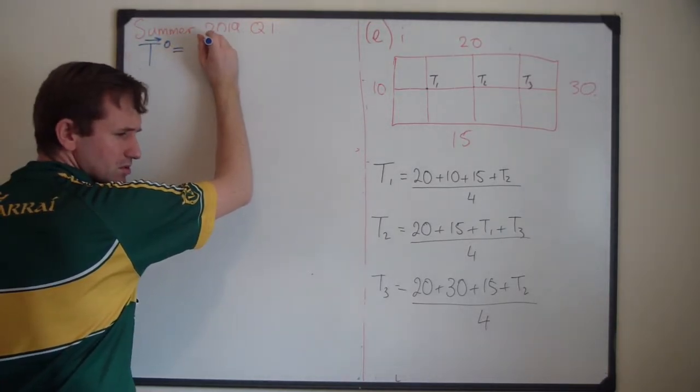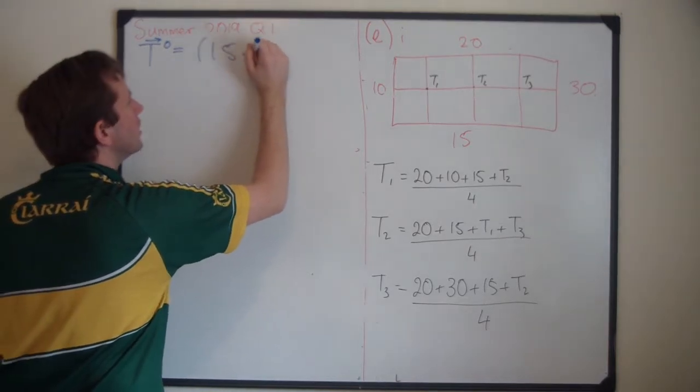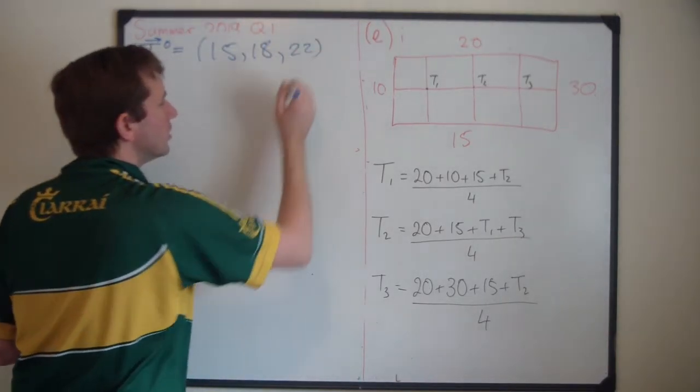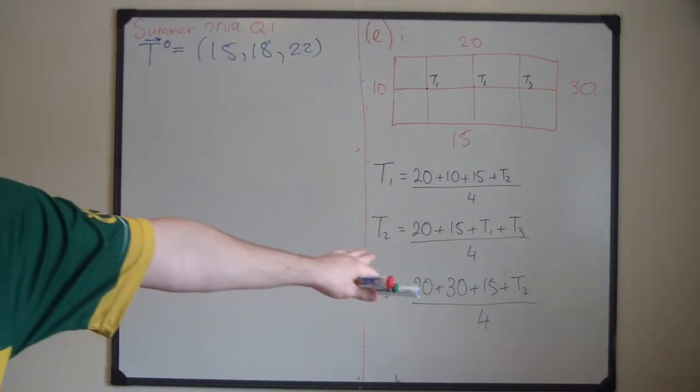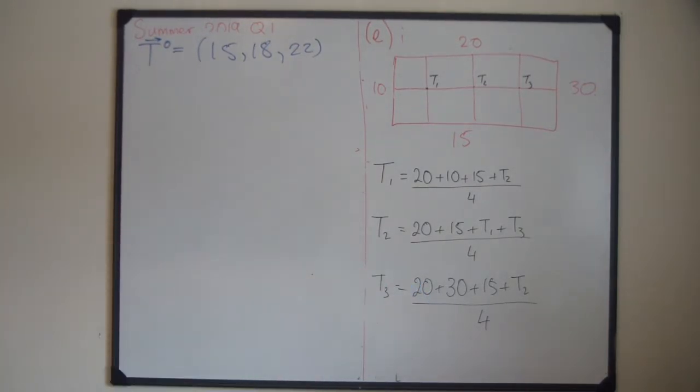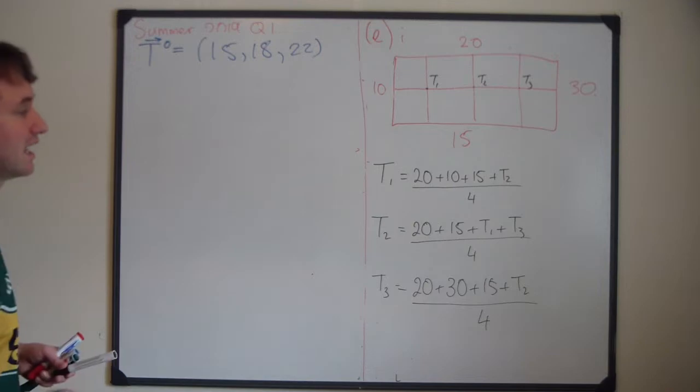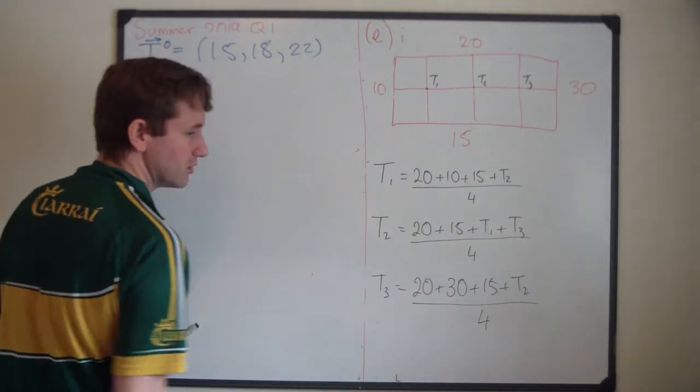So the starting temperatures are 15, 18, 22. So the Jacobi method says bang in the previous temperatures into those equations, and that will give you another approximation that is in a certain sense better than the other one, and that if you keep doing it enough times, the solutions converge to the exact solutions of these equations.